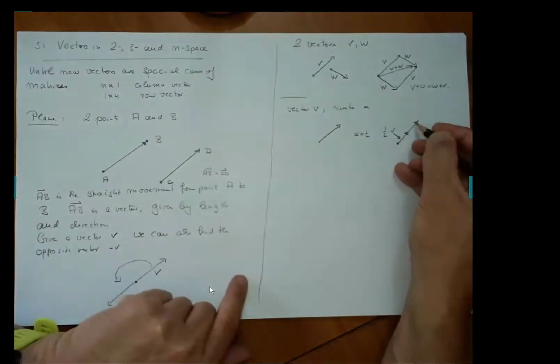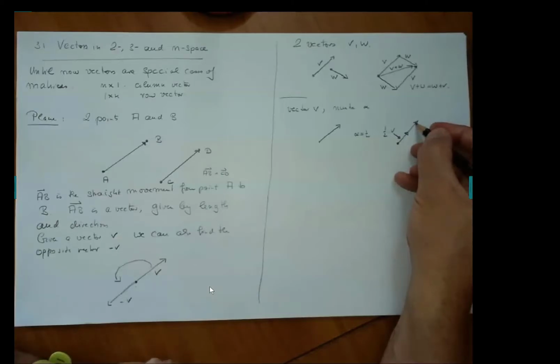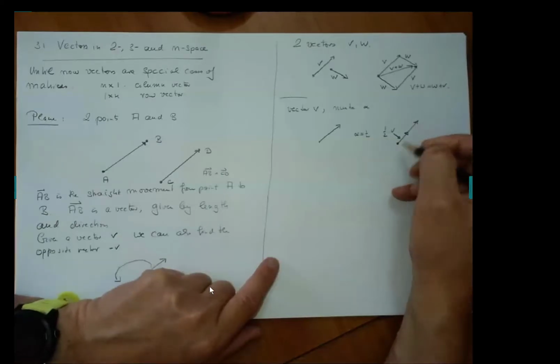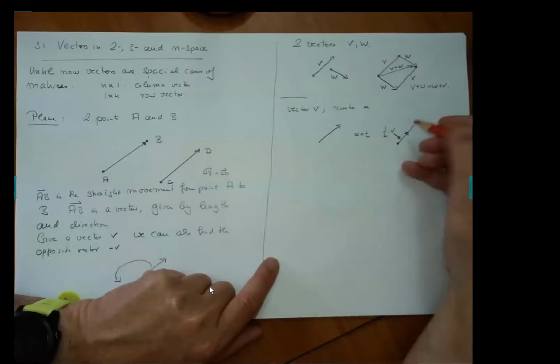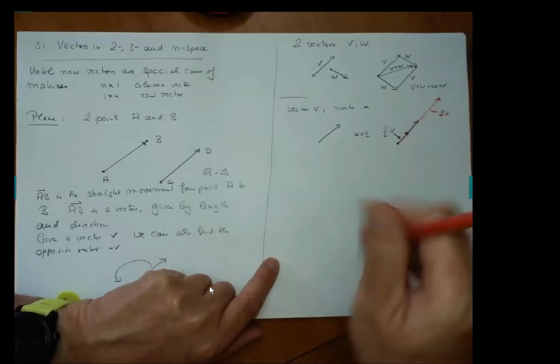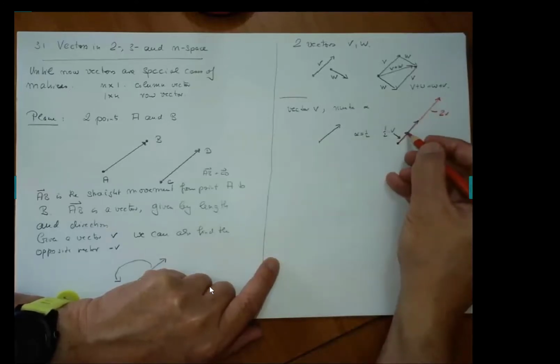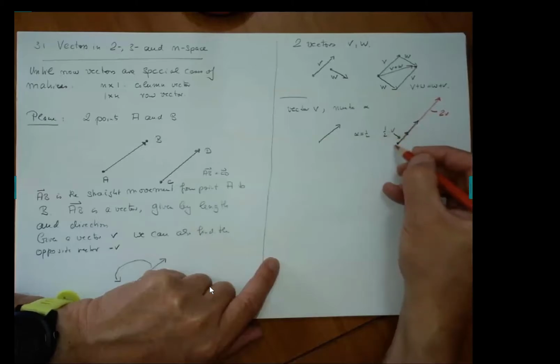So it's going in the same direction as v, but only the length 1/2. And for sure, you can also make it, for example, and make it easy, twice the length. So that would be 2v. And then you can take 1/2 v and flip it around.